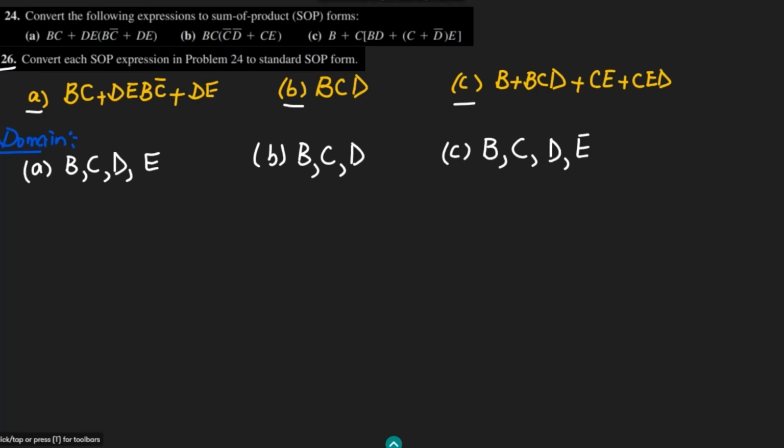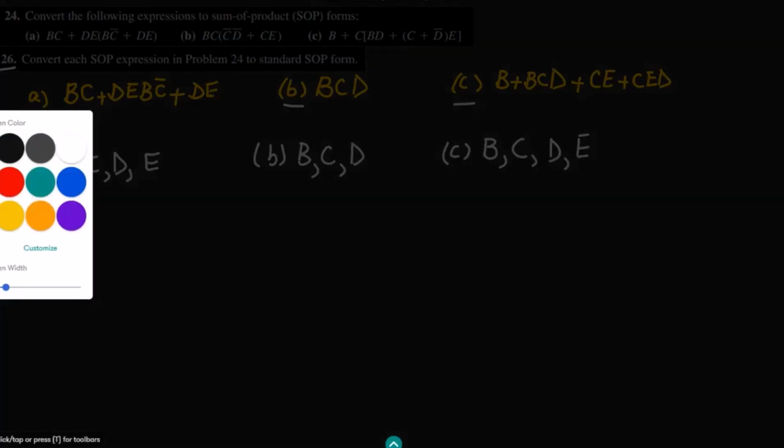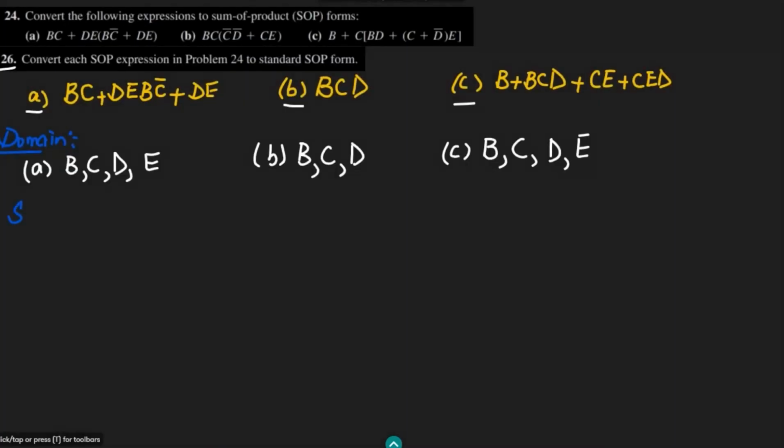Here let me solve only one question, part A, and find the standard SOP, as we are asked in question 26. We have this expression with three products: BC, B C prime DE, and DE.